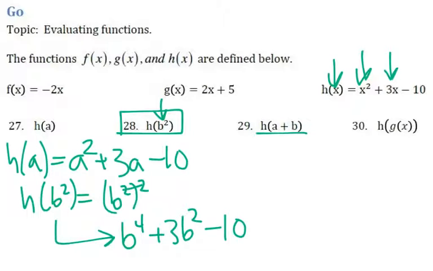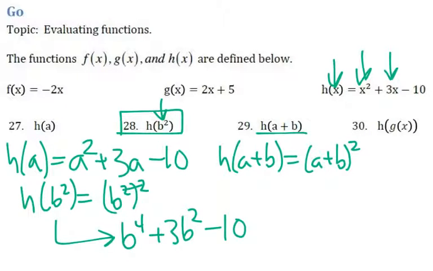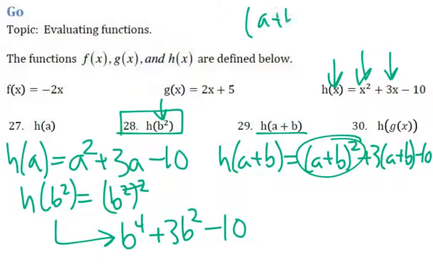For 29, h of a plus b equals a plus b squared plus 3 times a plus b minus 10. Now this one we can simplify quite a bit. And remember that that's really like a plus b times a plus b.